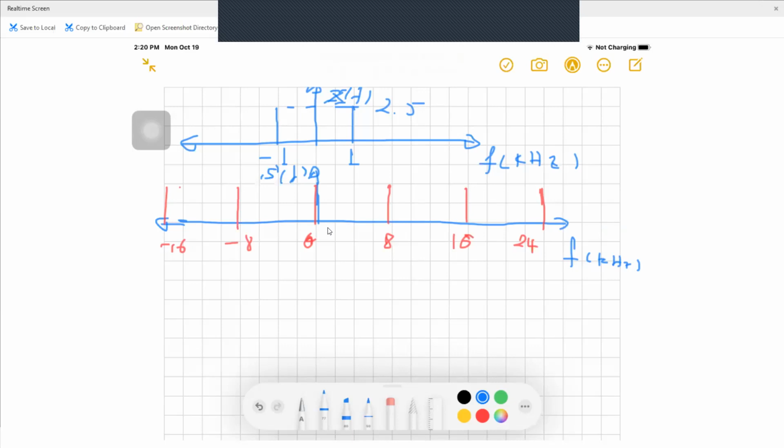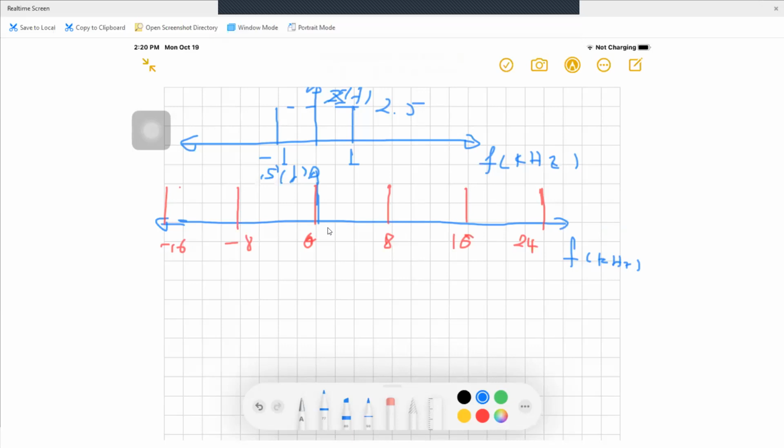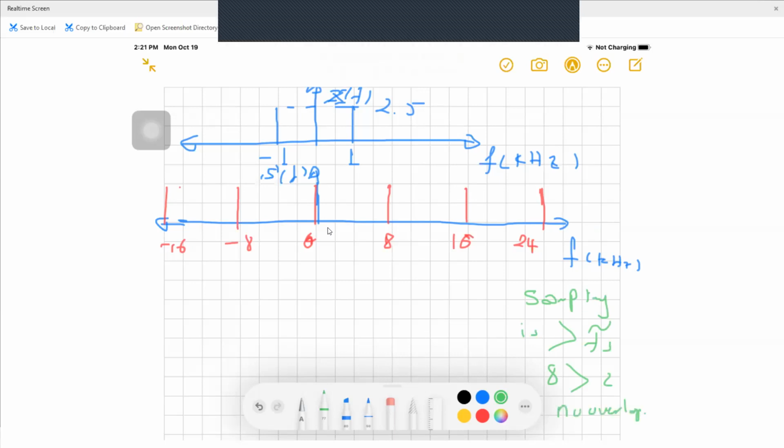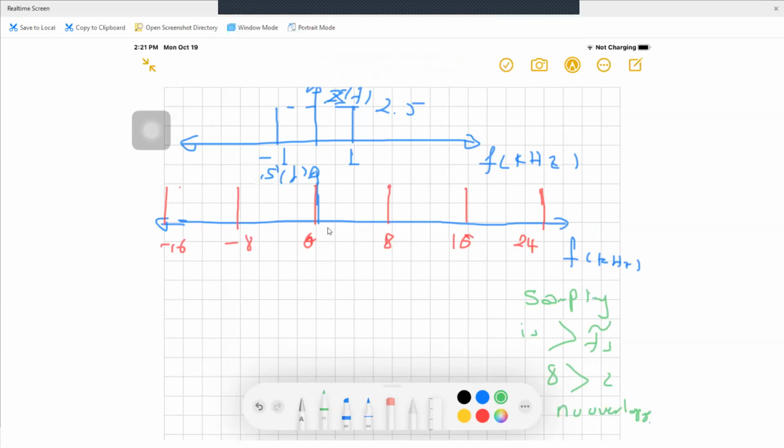In this way, we can guarantee that there is no overlapping, or aliasing.